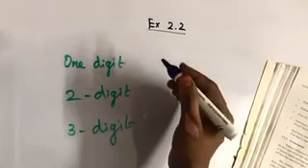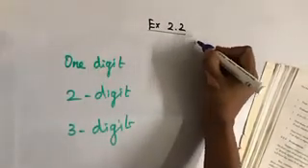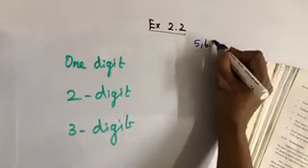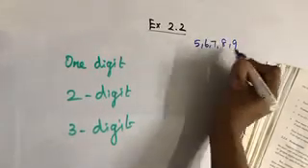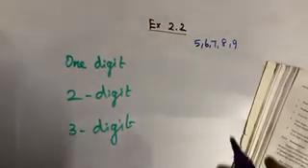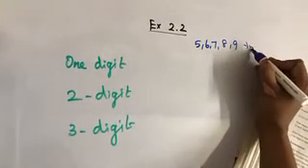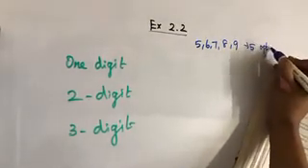So we can use these 5 digits, 5, 6, 7, 8 and 9. We have 5 options.